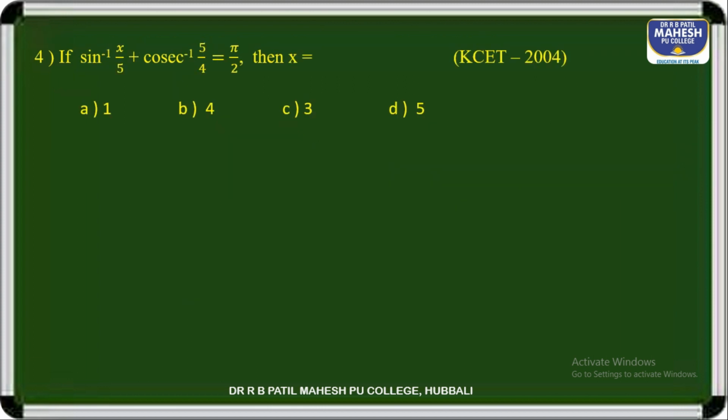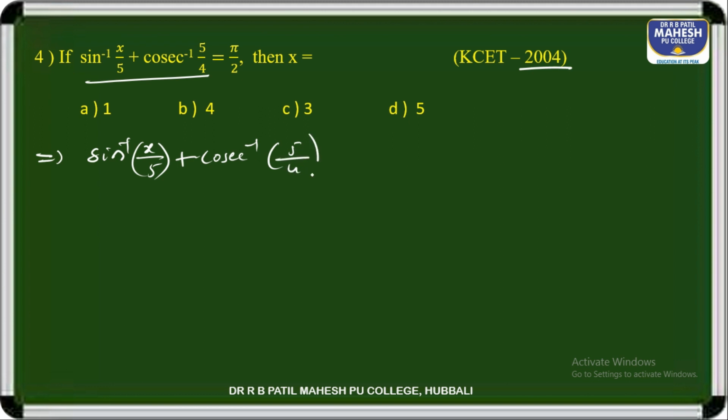Question number 4. If sine inverse x by 5 plus cosec inverse 5 by 4 is equal to pi by 2, then what is the value of x they are asking? The question asked in the year 2004. Let us have the expression sine inverse of x by 5 plus cosec inverse 5 by 4 is equal to pi by 2.